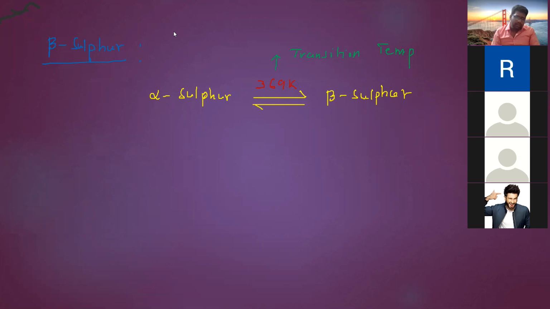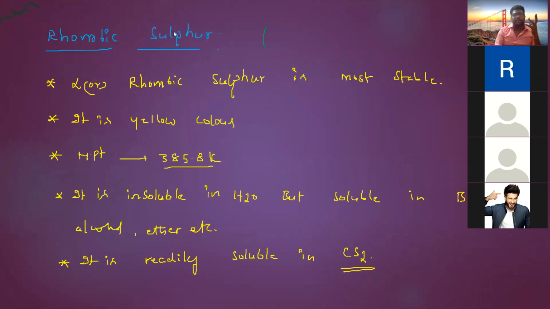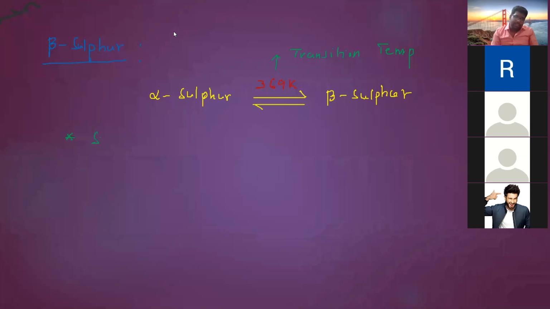So write down the specific gravity: 2.06 is the specific gravity for alpha sulfur, and the specific gravity for beta sulfur is 1.98.